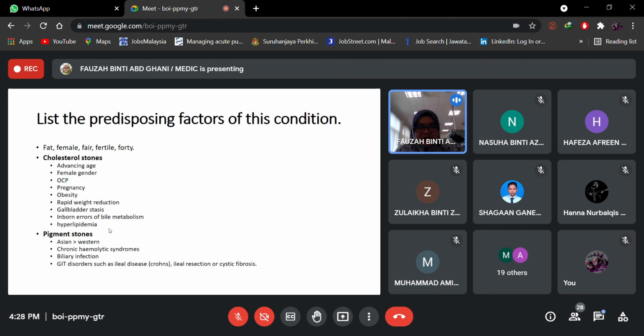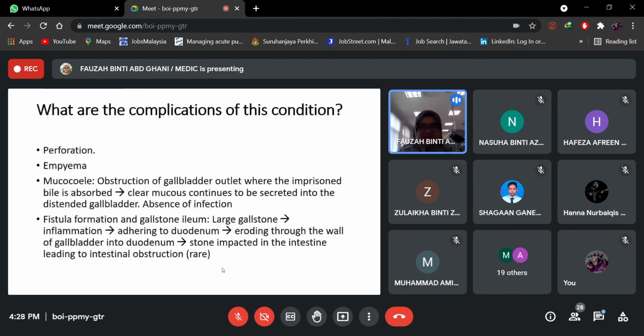So hemolytic anemia, hemolysis, and biliary infection are the two most important predisposing factors lah in developing pigment stones. So as mentioned tadi juga, ileal disease like Crohn's, ileal resection, and cystic fibrosis can be predisposing factors for this condition. Okay, so the complications.